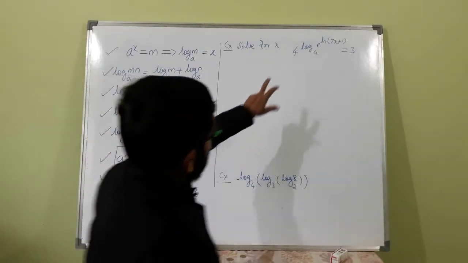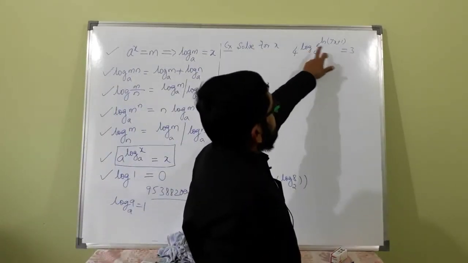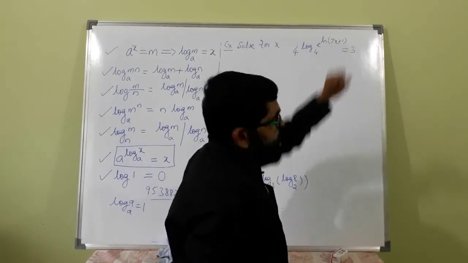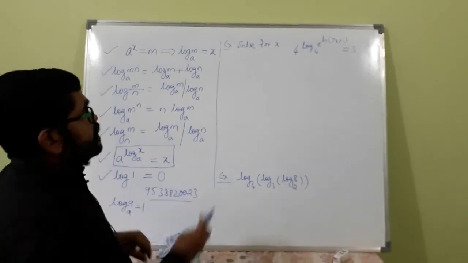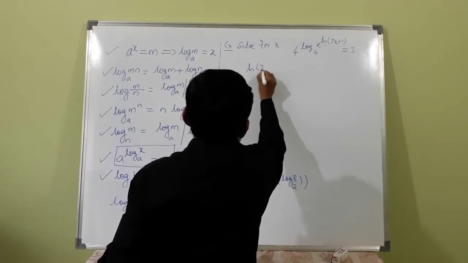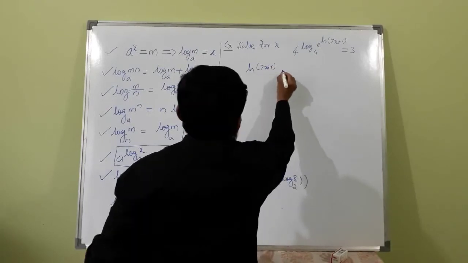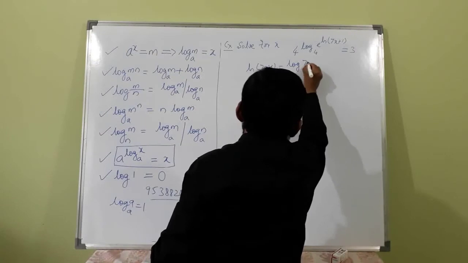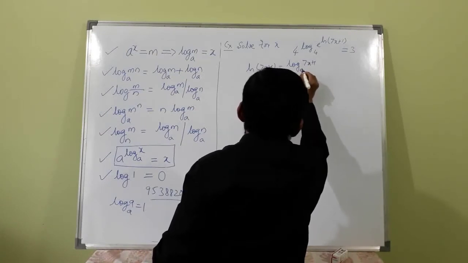Here 4 to the power log e to the power ln 7x plus 1. What is ln? Ln means ln of 7x plus 1 is nothing but log 7x plus 1 to the base e.